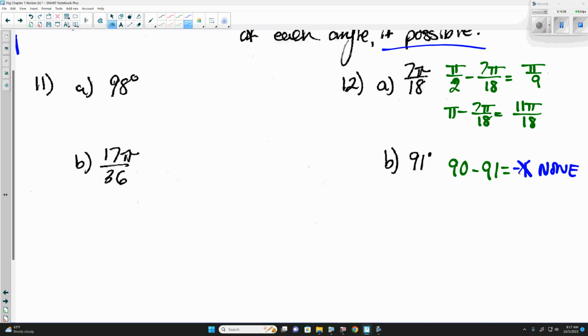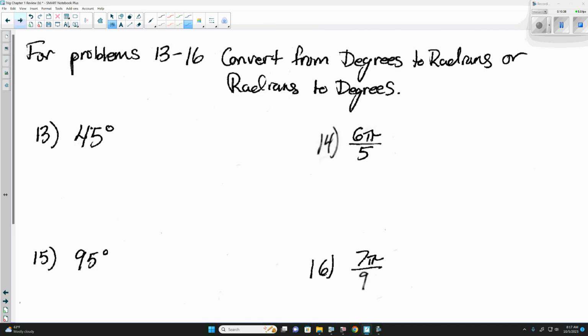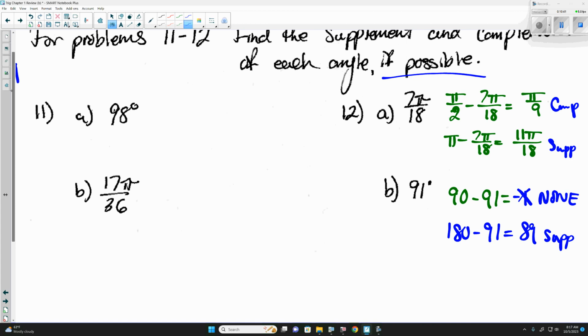Because this is our complement, and this is our supplement. For the supplement, yes, because then we can do 180 minus 91. So questions on complement or supplement?